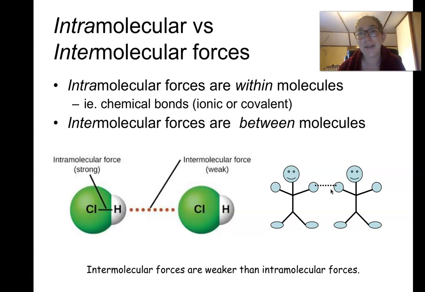That will never happen because your arm being attached to your body, that is a strong bond that your arm has to your body. If anything is going to break, it's going to be that connection between the 2 hands. So that's sort of my analogy for intramolecular forces, bonds, versus intermolecular forces, these attractions.